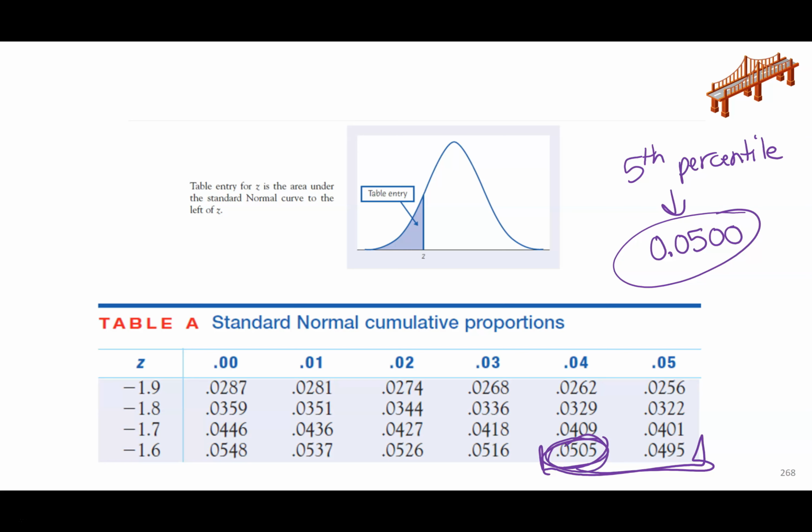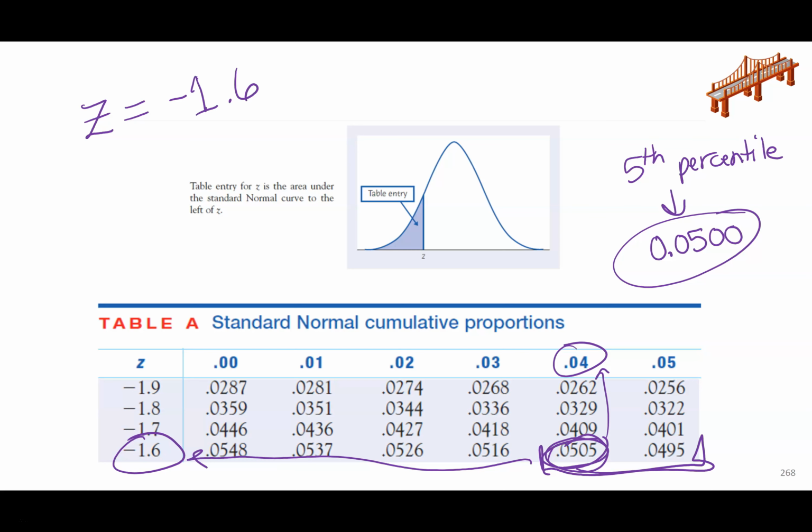Now that you found as close to 0.05 as you can get, you're going to work backwards to get a z. So now my z is going to be negative 1.64. This is the z that I'm going to use.